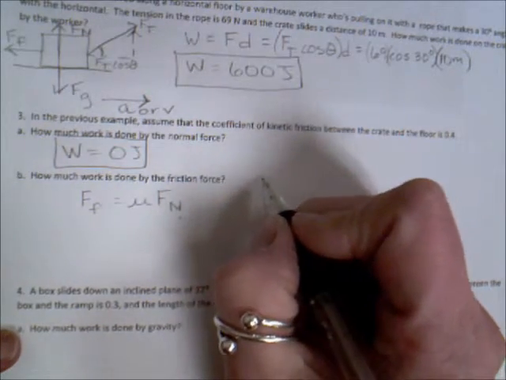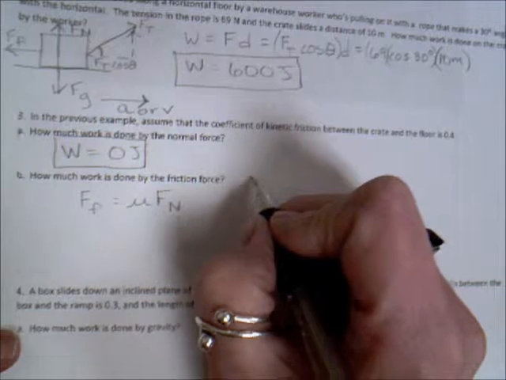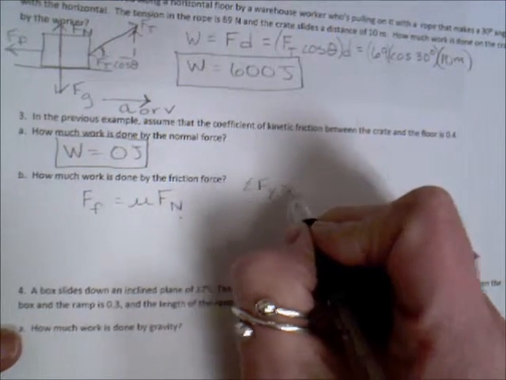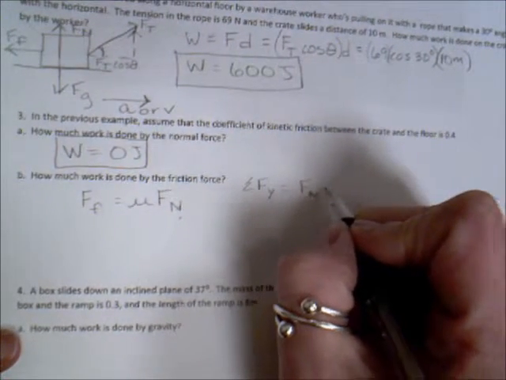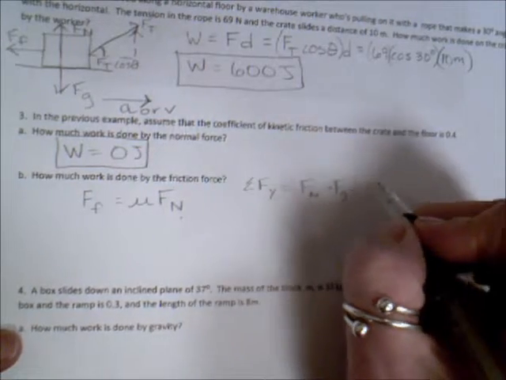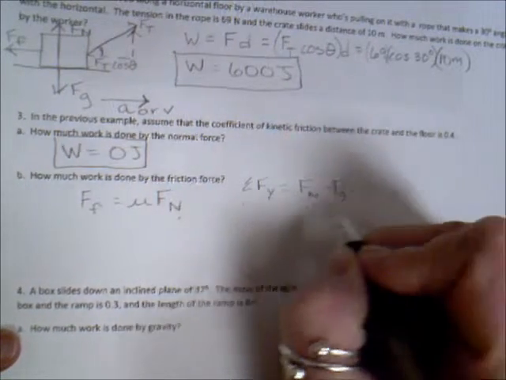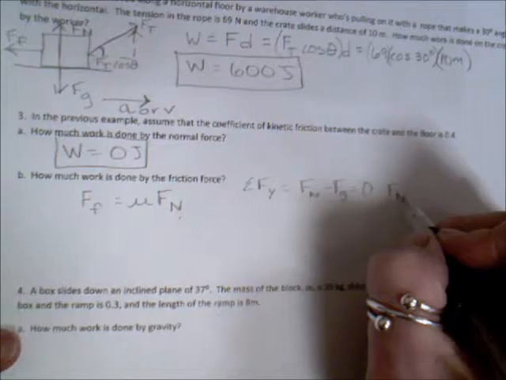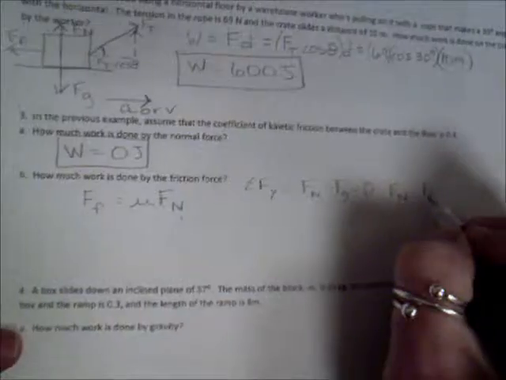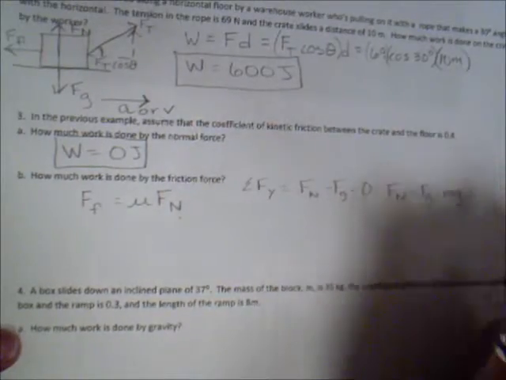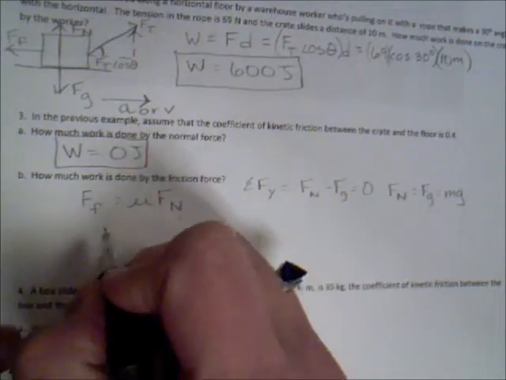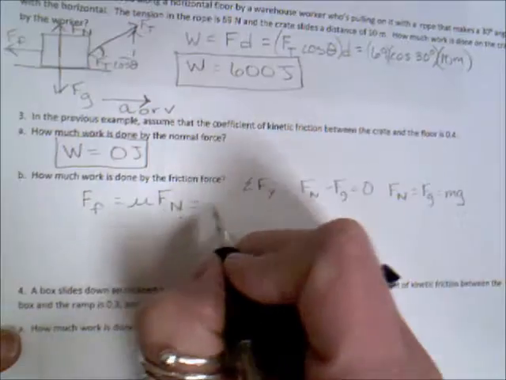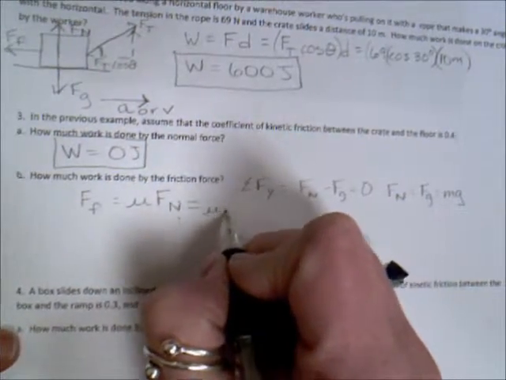So according to our sum of our forces in the y direction, Fn minus Fg is equal to 0. So Fn is equal to Fg, which is equal to mg. So our force of friction is going to be mu mg.